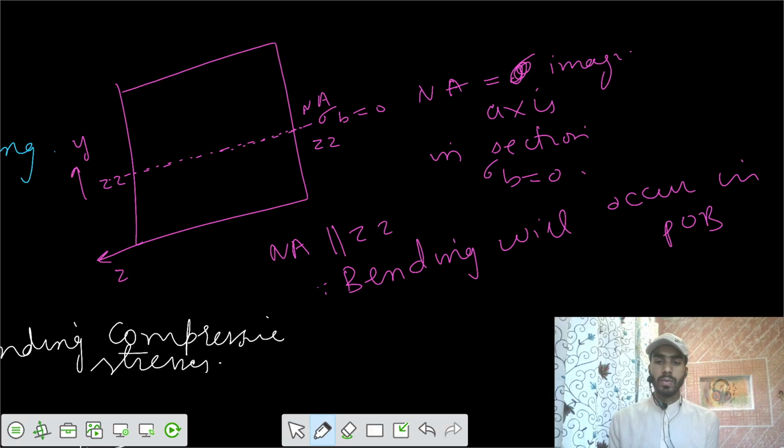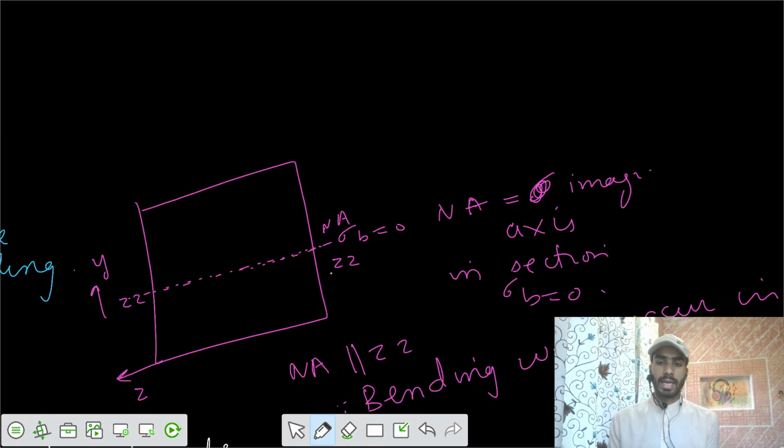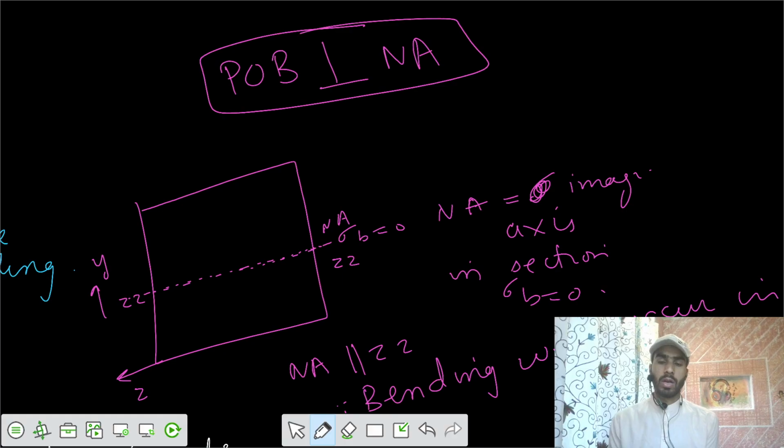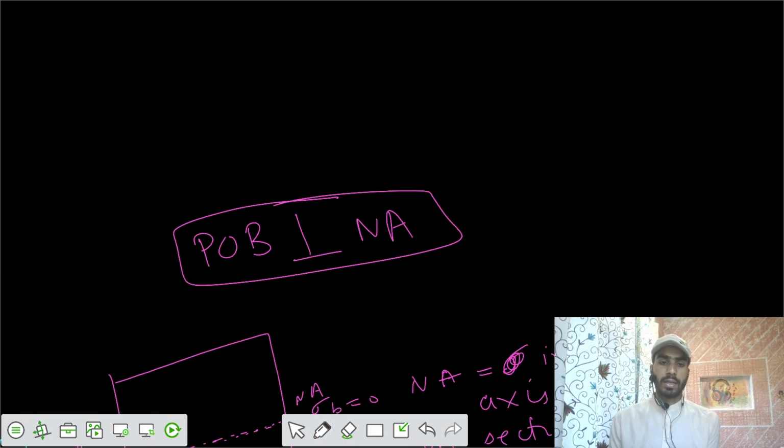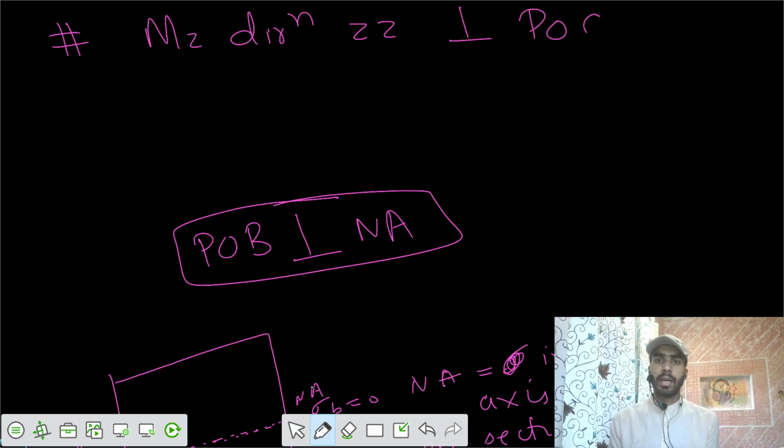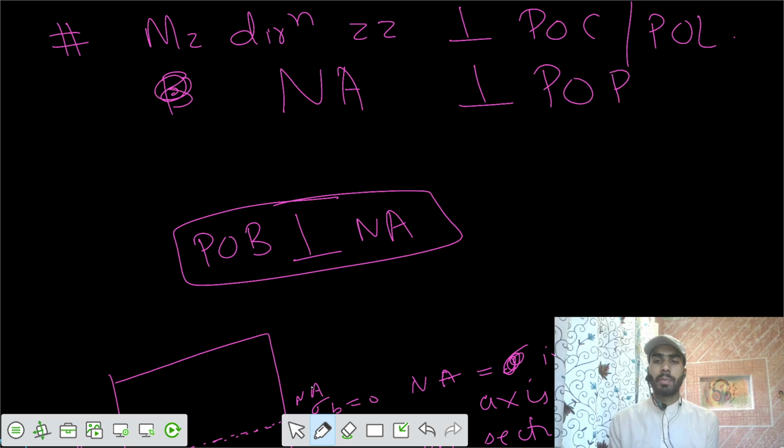One more point: the plane of bending is perpendicular to the neutral axis. So we have two conclusions: the moment z direction is perpendicular to the plane of couple or plane of loading, and the neutral axis is perpendicular to the plane of bending.